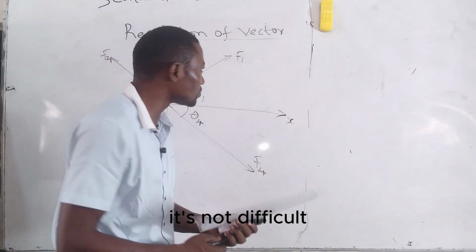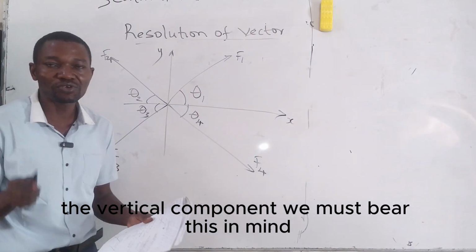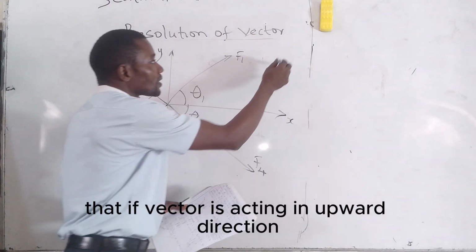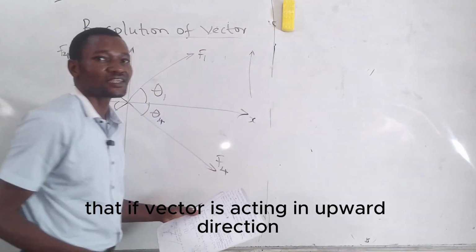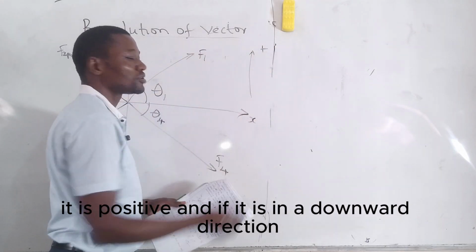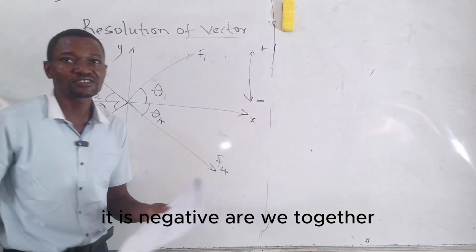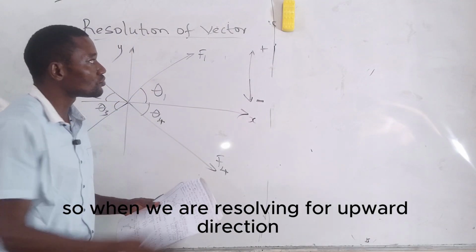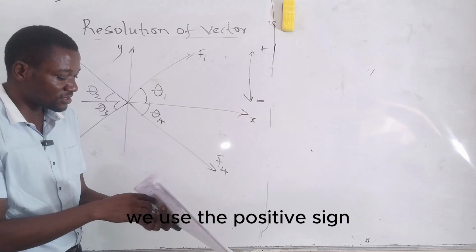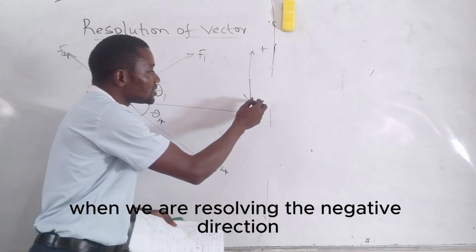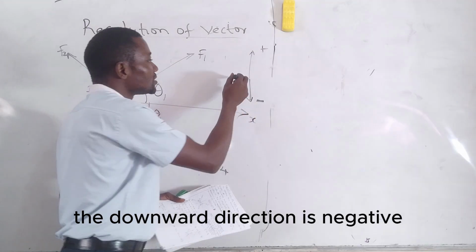It's not difficult. We must bear in mind that if a vector is acting in an upward direction, it is positive, and if it is in a downward direction, it is negative. Are we together?